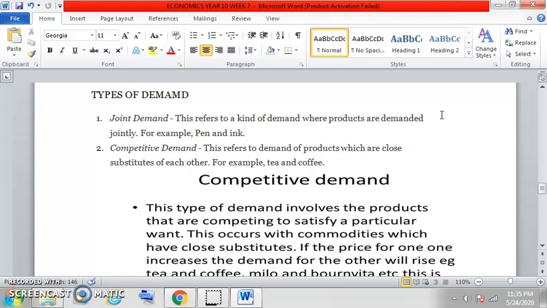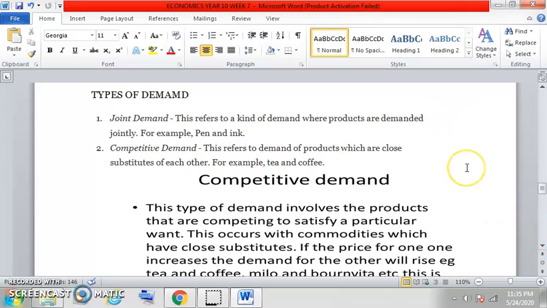Good examples here: we have Joy and Lux, Area Soap and Clean Soap, Toyota car and Camry, or Toyota car and Volvo products. These products compete with one another.